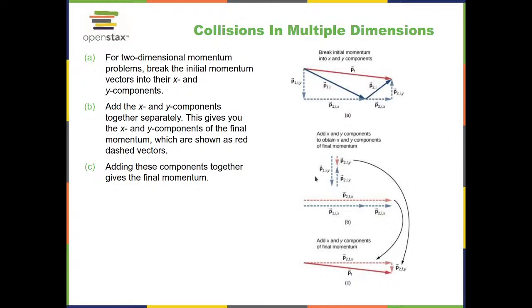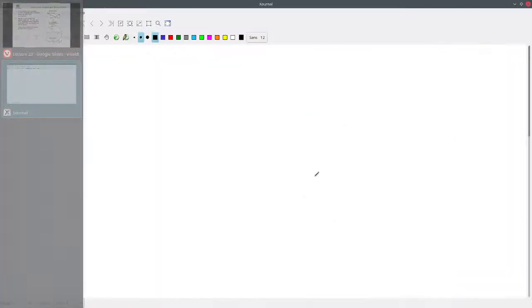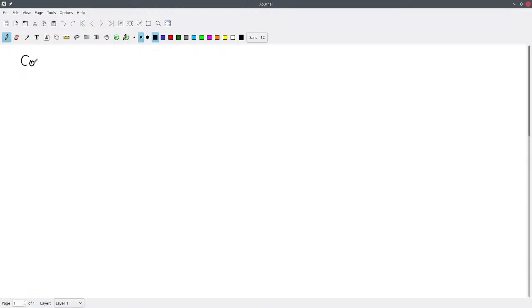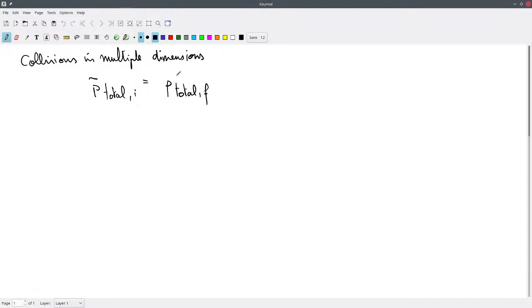So even in the case of multiple dimensions, the total initial momentum will have to be equal to the total final momentum.